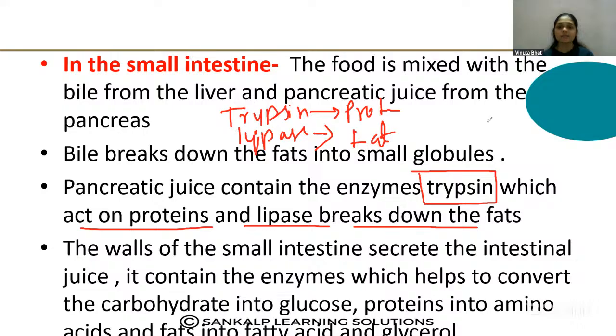Then again, this looks like an intestine, right? So this is the small intestine. The walls of the intestine also secrete the intestinal juice.